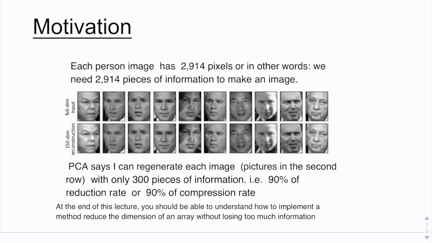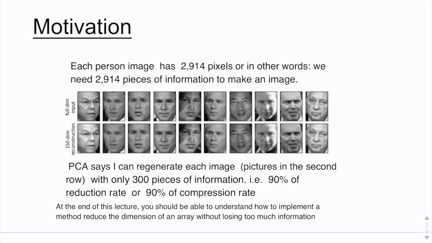In the first row you have the original images, and each of them contains about 2914 pixels, which is the resolution of these pictures. In terms of information theory, we need 2914 pieces of information to construct these images.